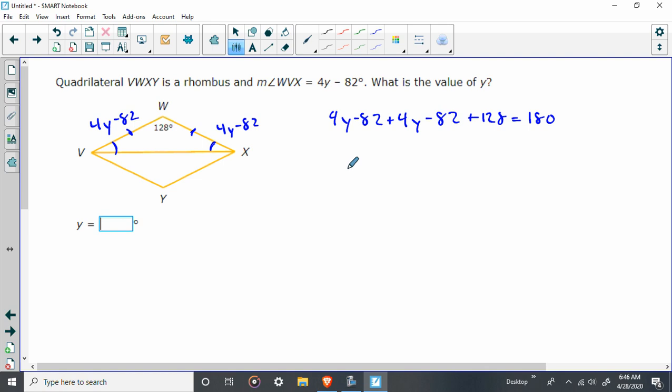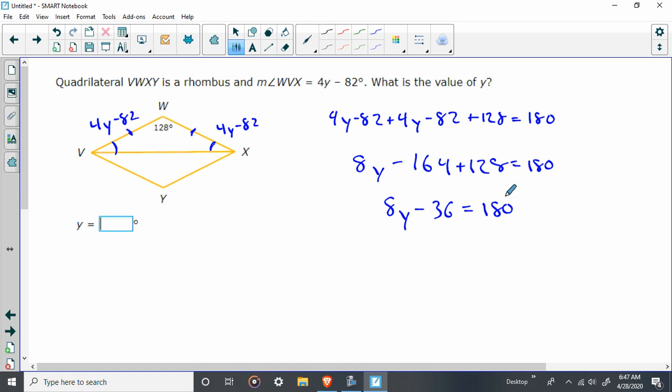Well, 4y and 4y is 8y, and negative 82 and negative 82 is going to be minus 164. 164 and 128 is going to be, what is that, early in the morning, maybe 36. Oh, that's right.